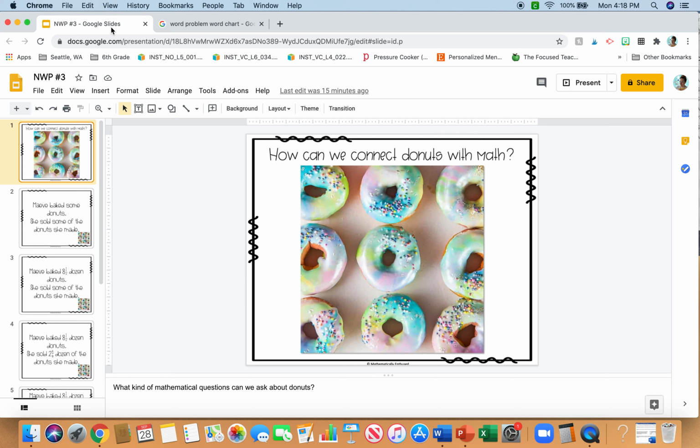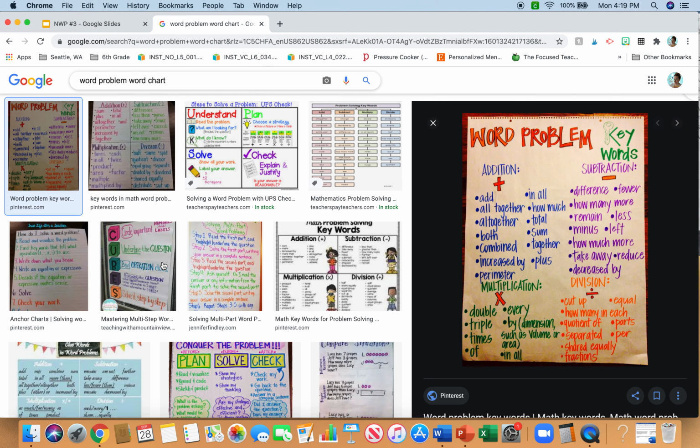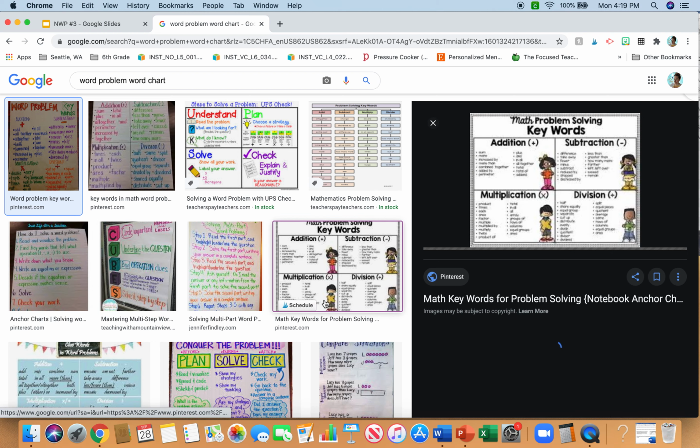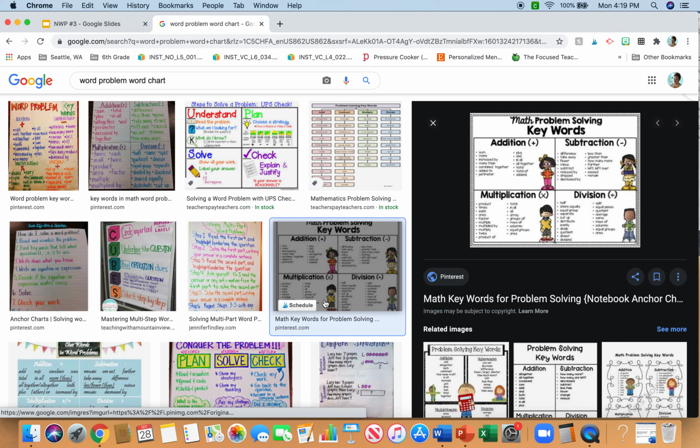The other problem I'm going to show you right here, something that I am guilty of myself, friends, is assigning keywords to operations. In fact, this little guy on Pinterest right here is beautiful.